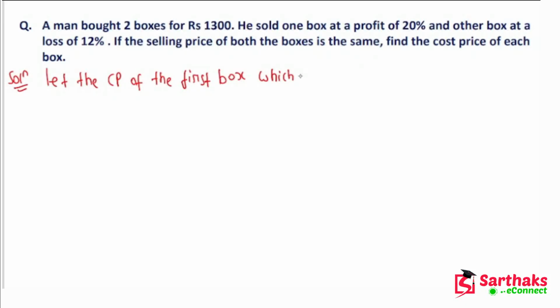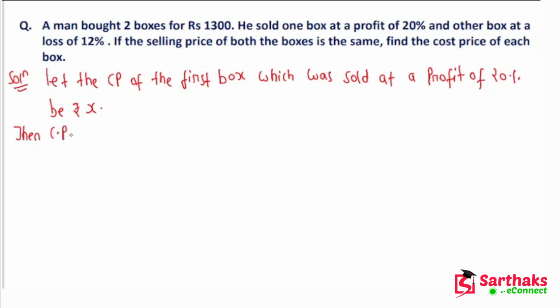Let the cost price of the first box, which was sold at a profit of 20%, be rupees x. Now since both the boxes costed 1300 rupees, and if one box is rupees x, then the CP of the second box would be 1300 minus x.